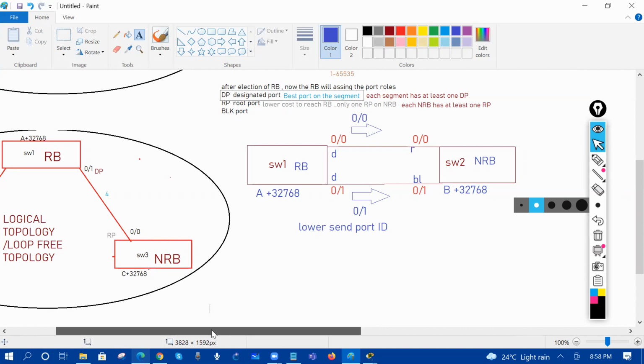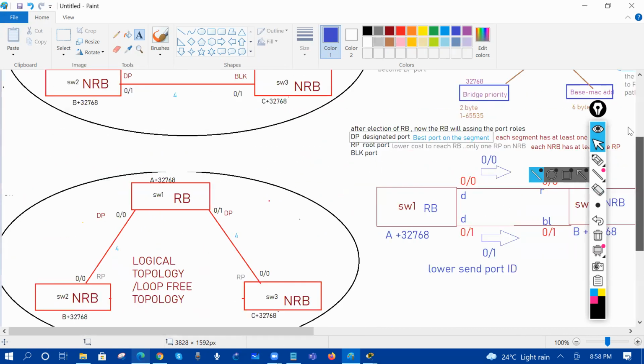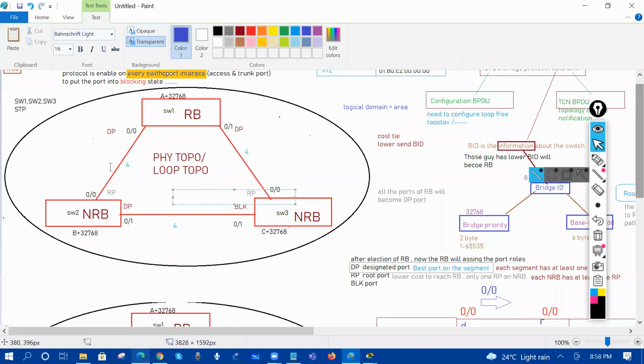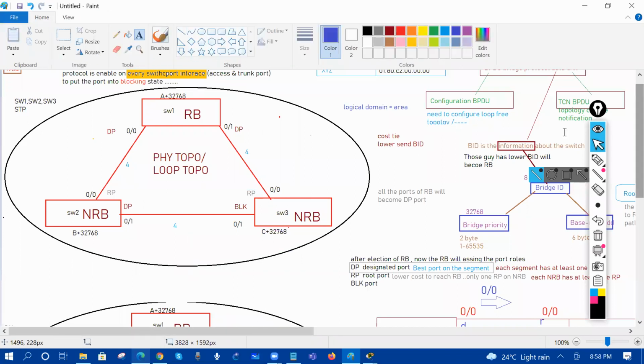But do you know one thing? All this process that we have done took me an hour to complete, like RP and DP election. Normally, spanning tree will take 30 seconds.